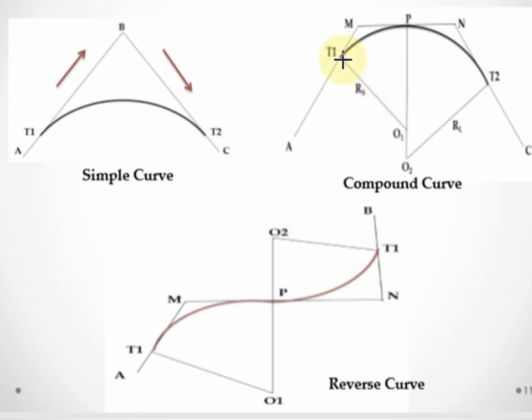For example, tangent point T1 is one of the tangent points, O1 is the center of this curve, and another curve goes to T2, whose center is O2. Both curves have a common tangent, but different radii, so this is called a compound curve.